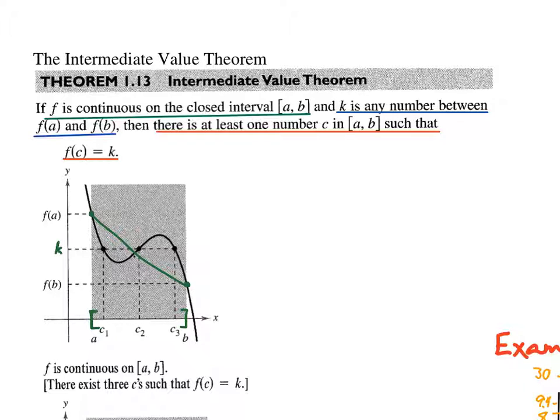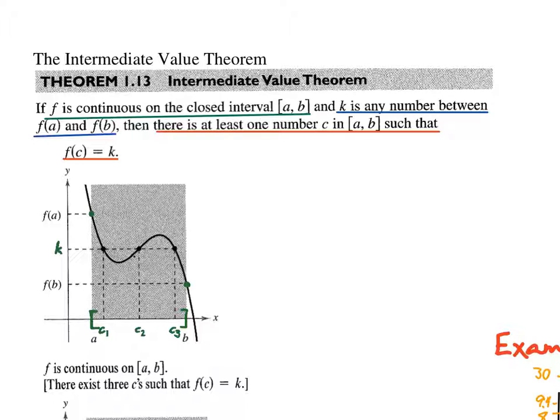That's why I said this is kind of like one of those duh theorems once you understand it. The only way to get from f of a to f of b is to pass through k somewhere. That's why it says at least one time. Now, this proves the existence of at least one value c. c is the x-coordinate that will give us k.